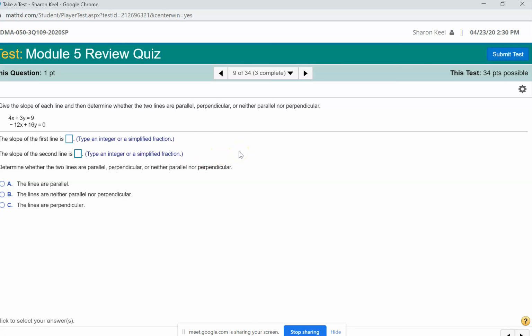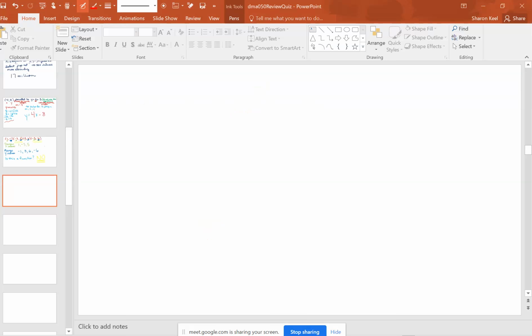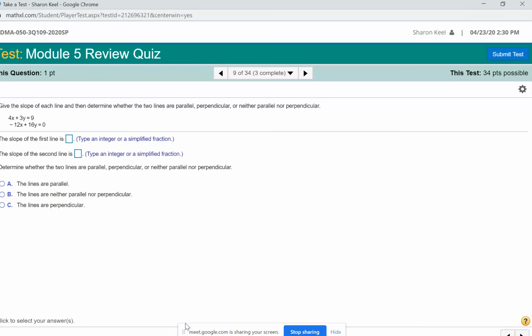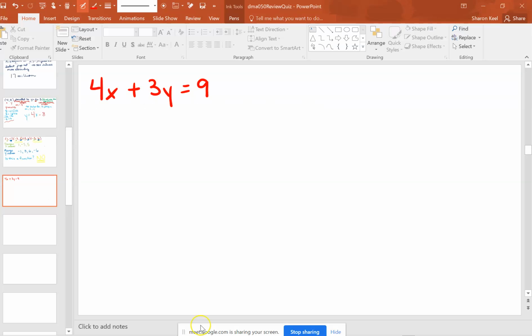Give the slope of each line, then determine if the two lines are parallel, perpendicular, or neither. Okay, so let's write these down. 4x plus 3y equals 9, and we have -12x plus 16y equals 0.